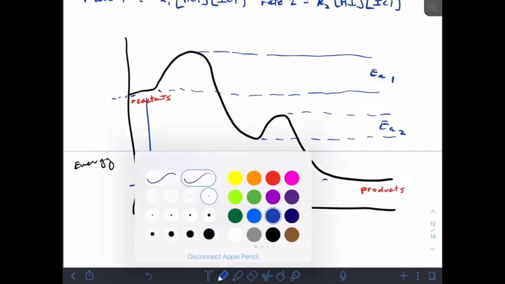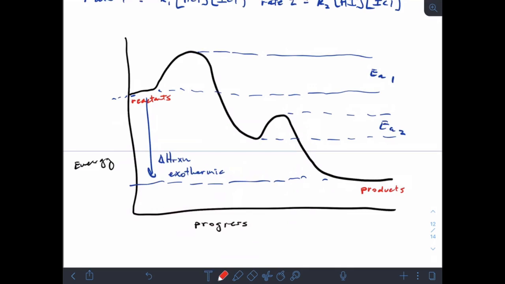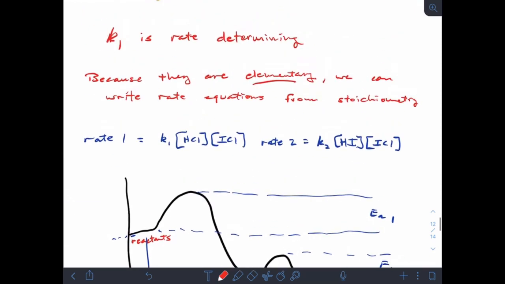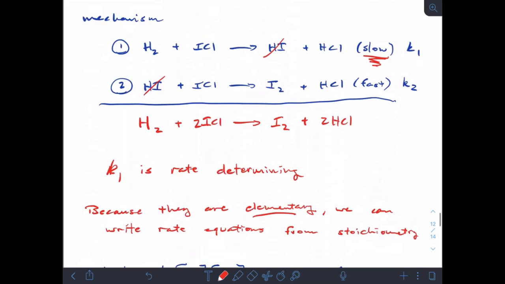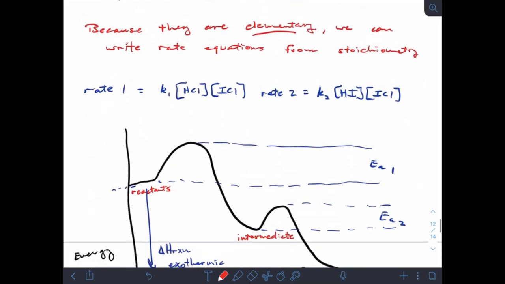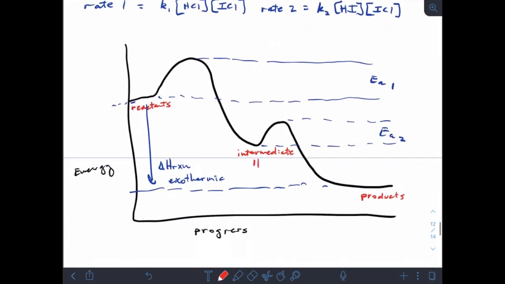And in that trough, what you find are your intermediates. Okay, in this case, our intermediate is, I have to look again, the HI. And I'll talk about that right now.